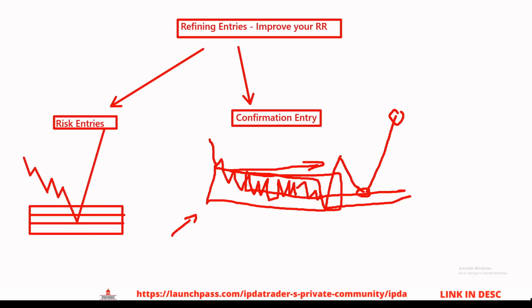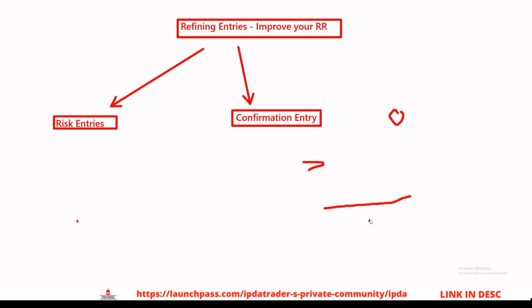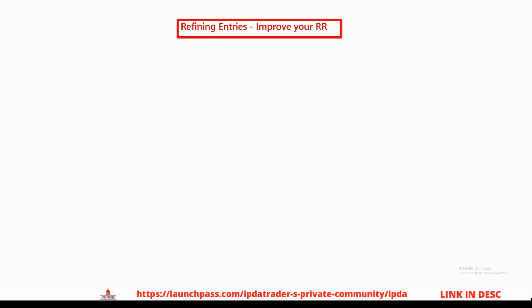You're not zooming in looking for some sort of confirmation, right? We understand that, and that's pretty straightforward. Now we're going to be focusing on refining those ideas, right? And we're going to start with refining confirmation entries, even though it's pretty much the very same thing for both entry types. Let's start talking about refining confirmations.